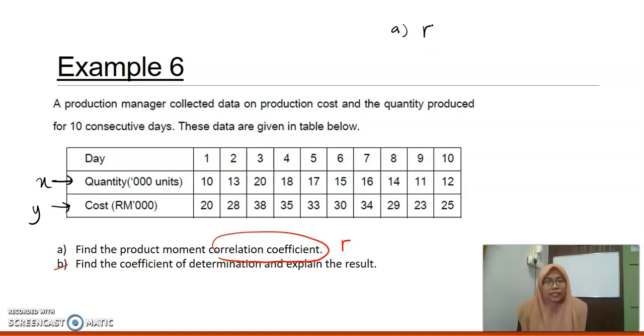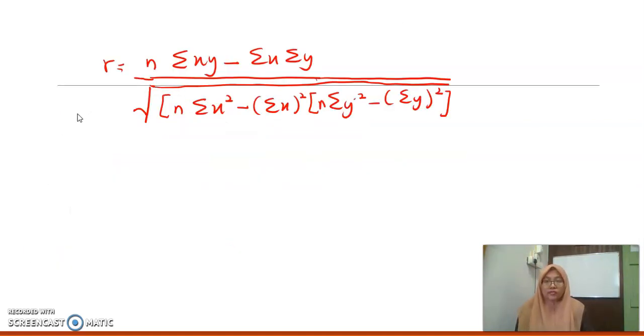So our formula is this. This is the value of R, Pearson's product moment correlation coefficient. As usual, in this formula, you need the value of total xy, total x, total y, total x square, and total y square.